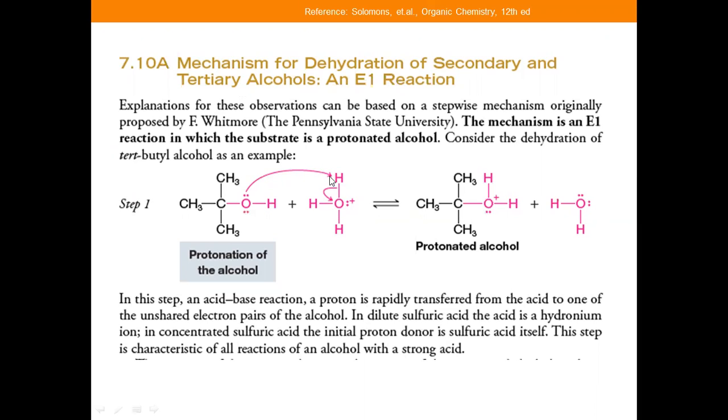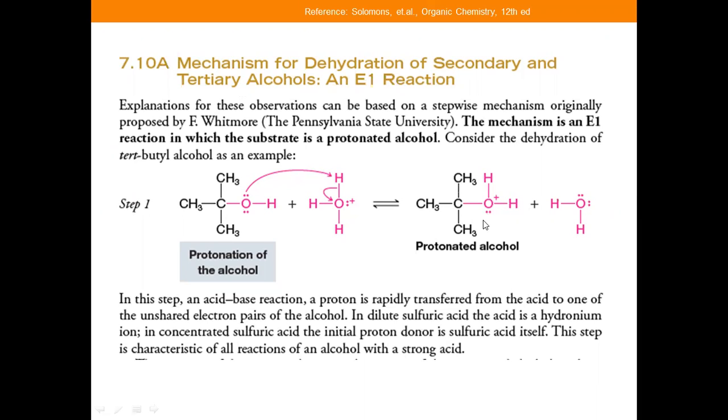You get your H3O+. So your electron pair will abstract this proton, and your alcohol now becomes protonated. Since you use the electrons to form a bond here, you get the double bond and the plus.